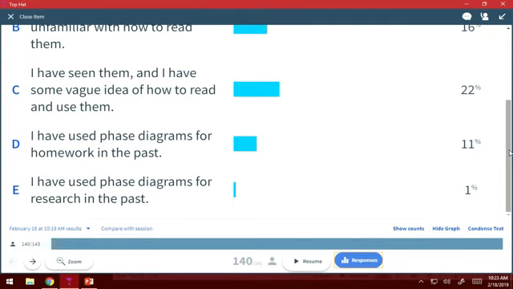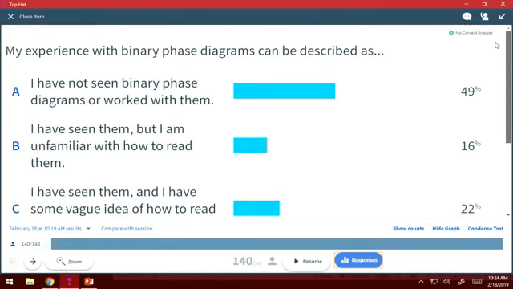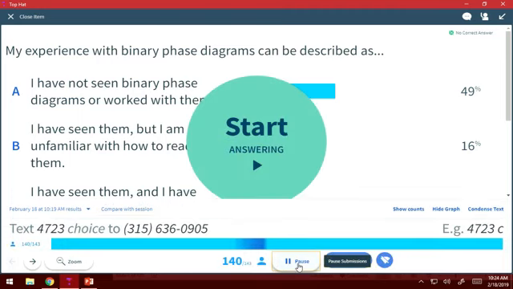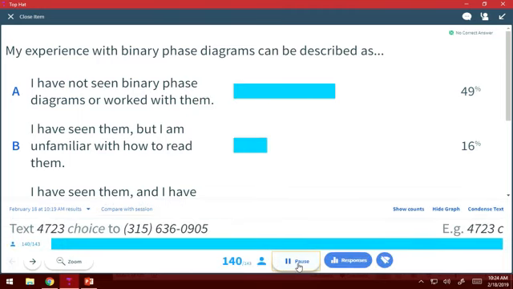And 1% of you have actually used it in your research. I would go find this person for your study group, because they're most familiar with binary phase diagrams. I'll open it back up in case the other 3 people want to log in their responses. But this gives me a good idea of where we're starting.